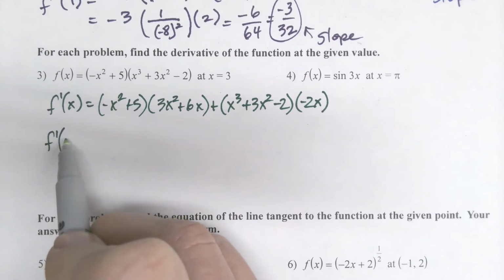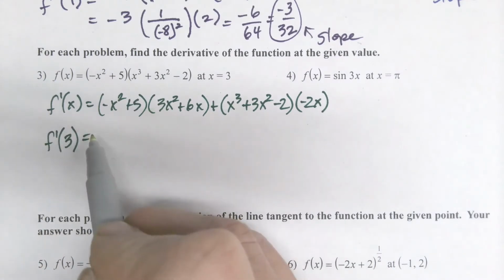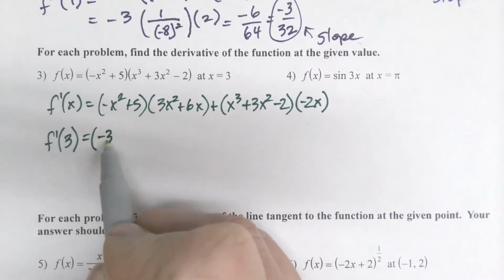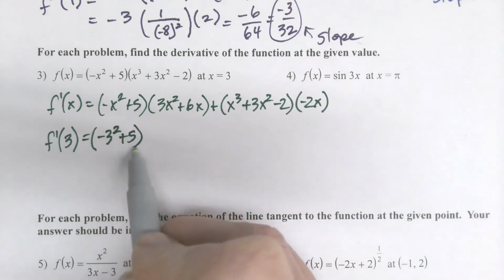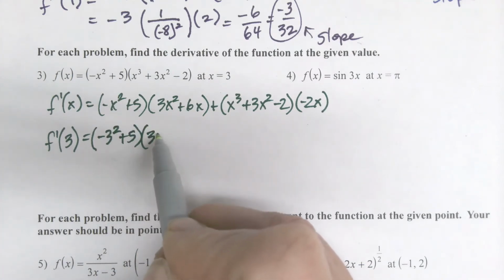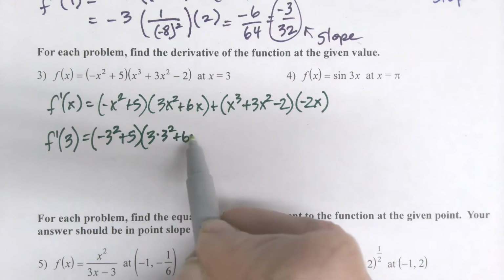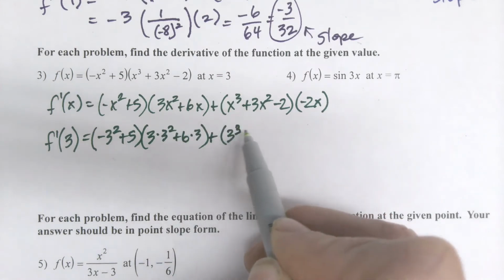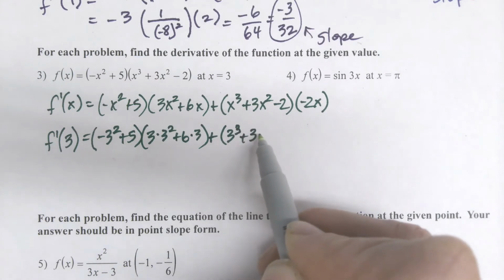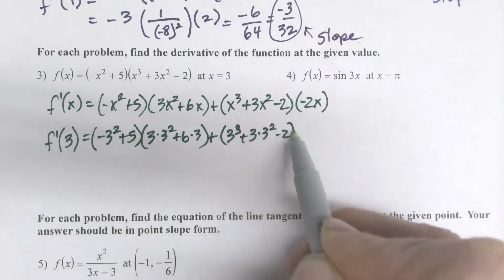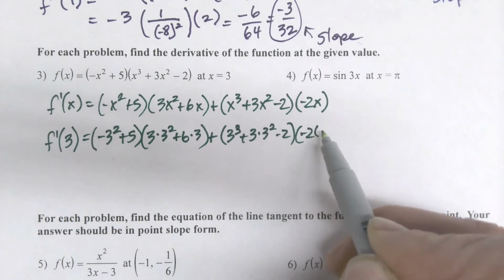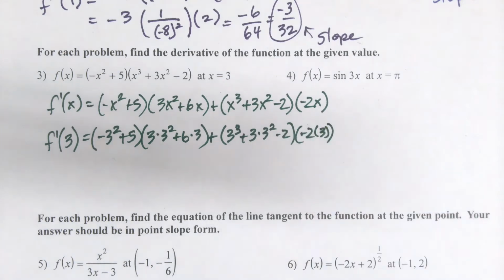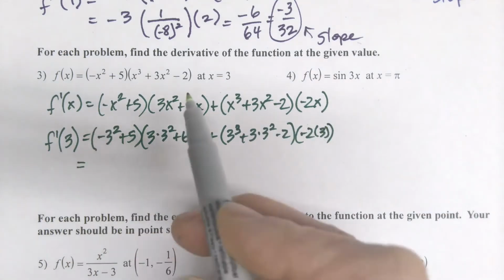This should look very familiar, so I plug that in. This is negative 3 squared plus 5 times 3 times 3 squared plus 6 times 3 plus 3 cubed plus 3 times 3 squared minus 2 times negative 2 times 3. And then it's just again a matter of evaluating.